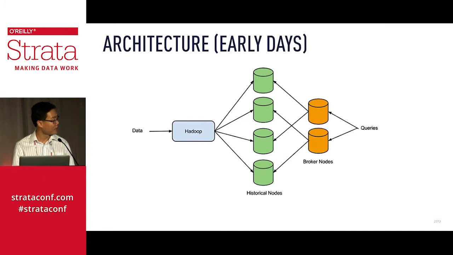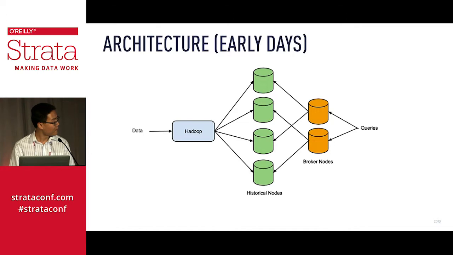On the query side of things, queries would go to another type of node known as broker nodes. And broker nodes would know what pieces of data live where. So in the very first implementation of Druid, we had a very simple, straightforward shared nothing architecture where we would load data through Hadoop.